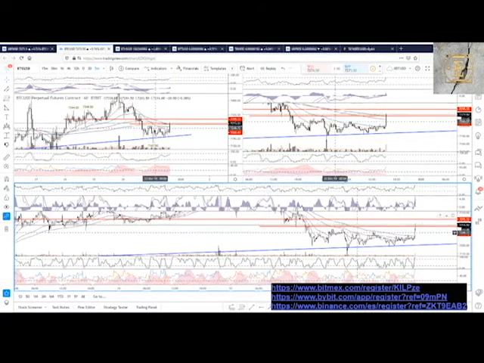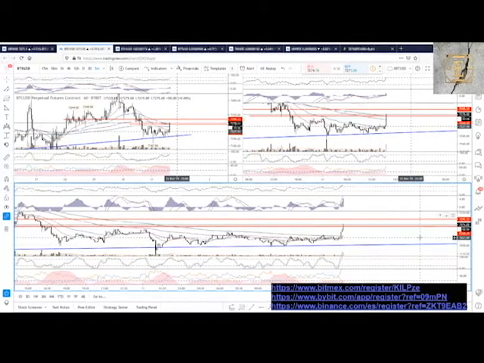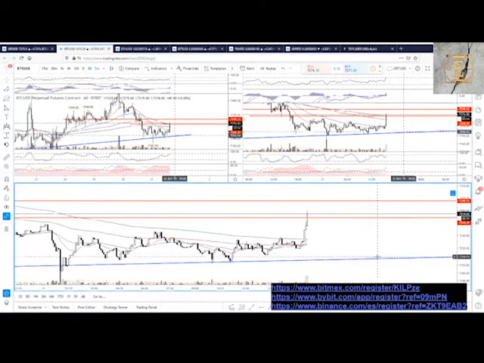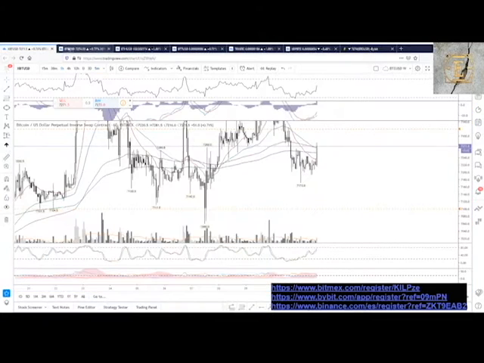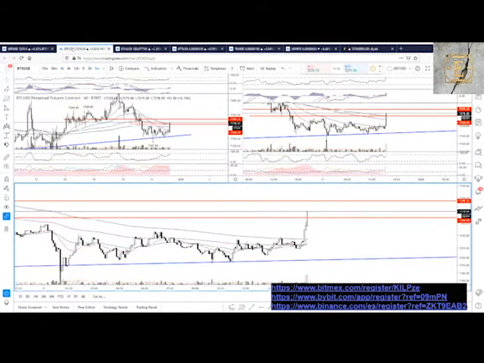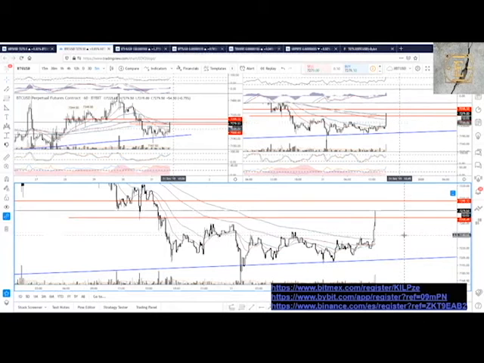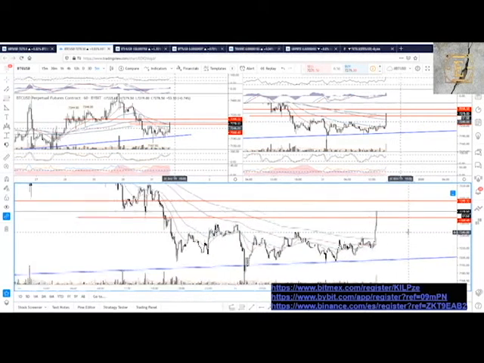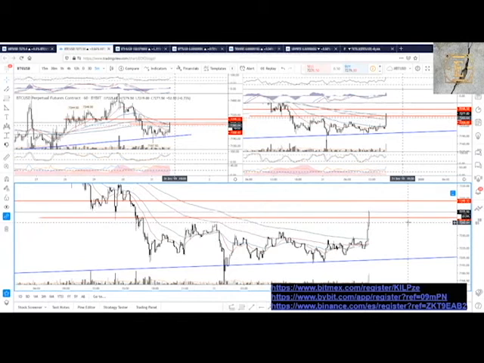Okay, it starts to look very good for bulls.